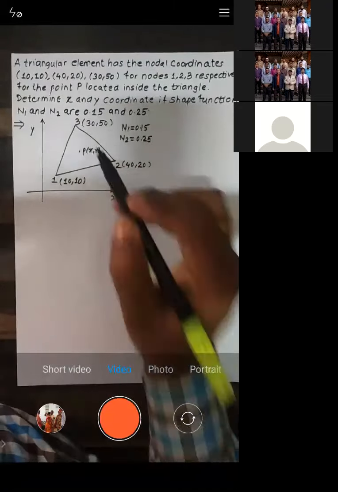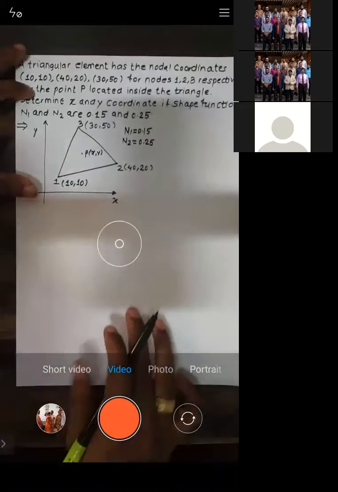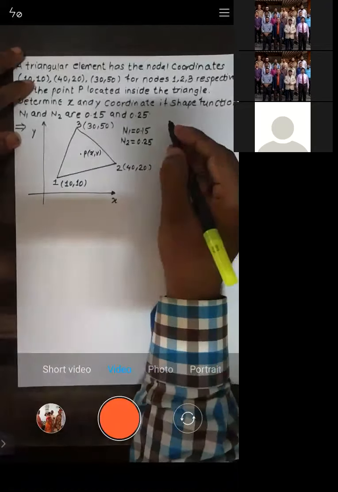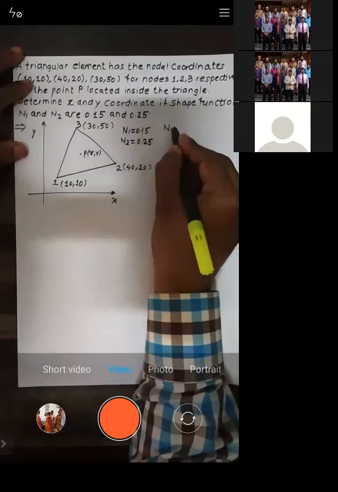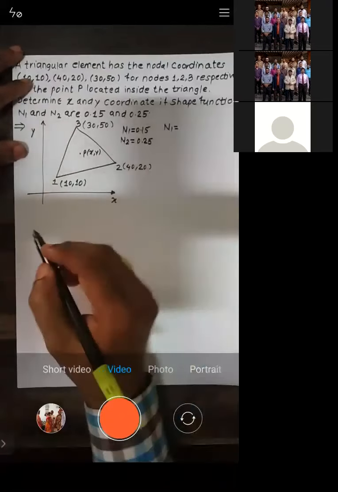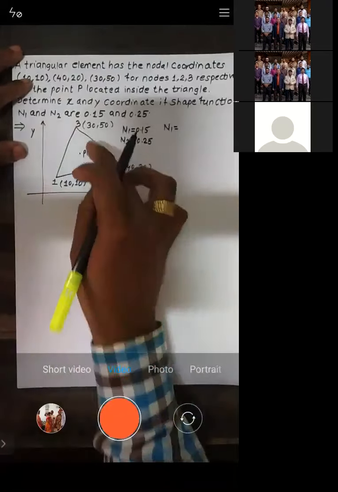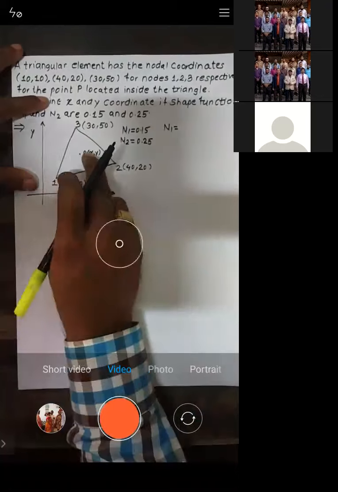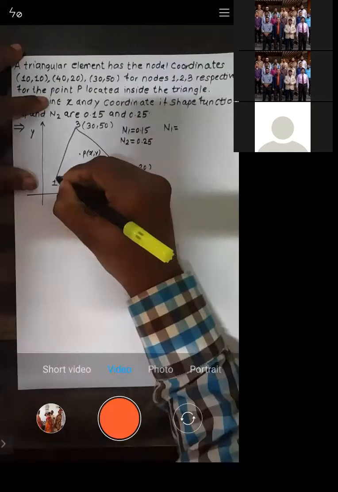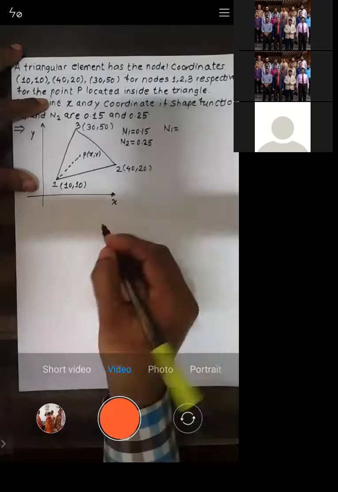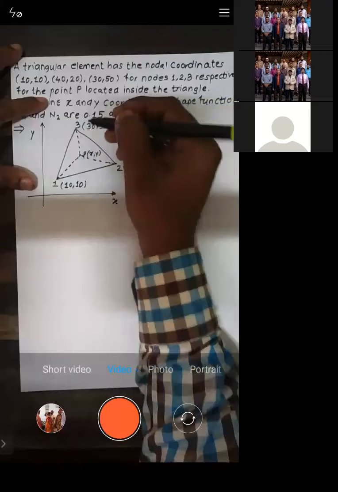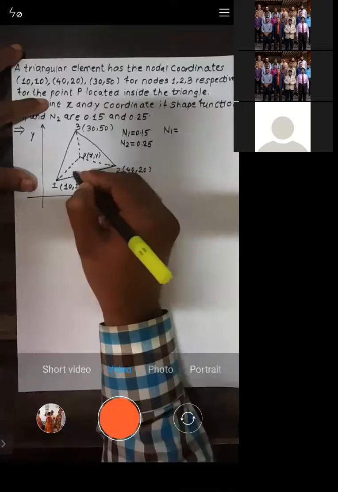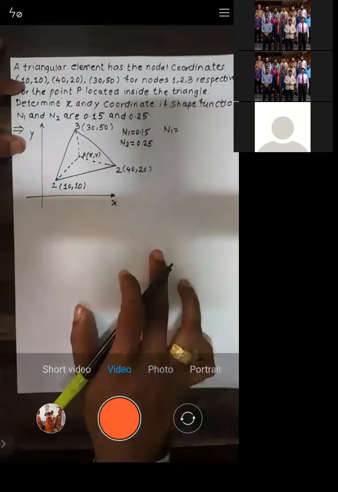Now, as they have mentioned shape function N1, you know how to calculate it. I need to divide this entire triangle into 3 triangles, because when I connect point P to every node, say to node 1, then node 2, then node 3, the entire triangle 1, 2, 3 gets split into 3 triangles.